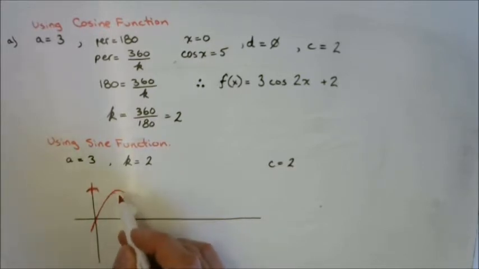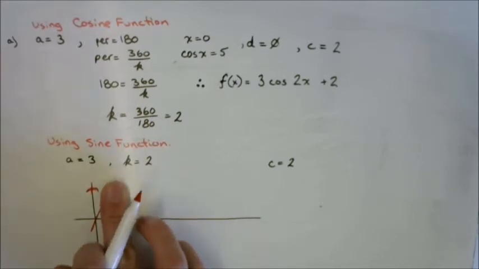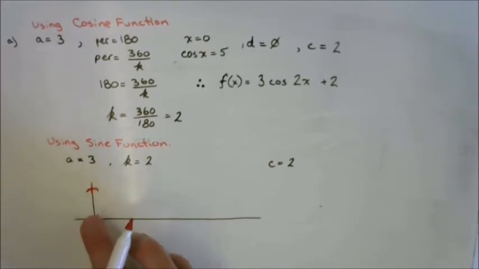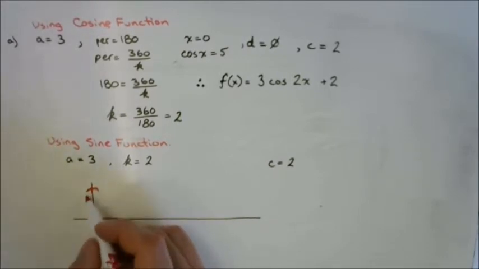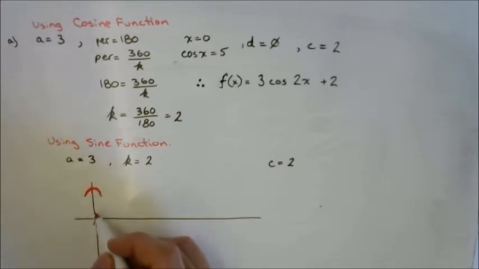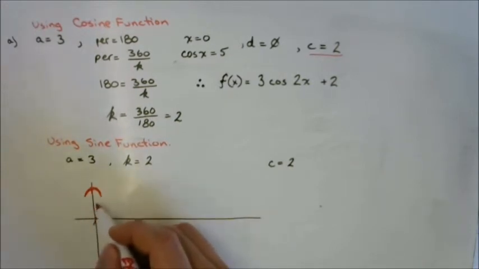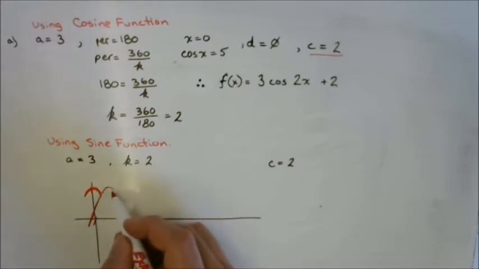And it hits its max later. It hits its max after 1/4 of a period length. So in this case, it would come up through 0, 2, and it would reach its max there after 1/4 of a period length.